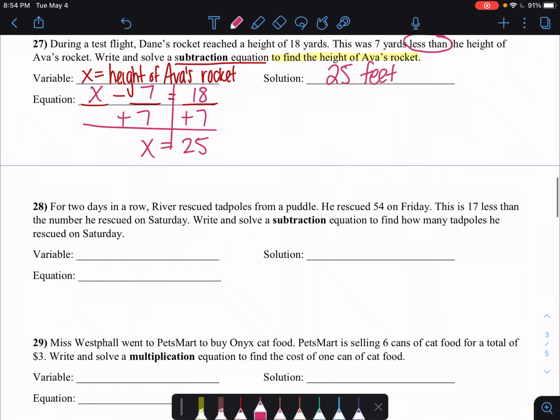Number 28 says for 2 days in a row, River rescued tadpoles from a puddle. He rescued 54 on Friday. This is 17 less than the number he rescued on Saturday. Write and solve a subtraction equation to find how many tadpoles he rescued on Saturday.